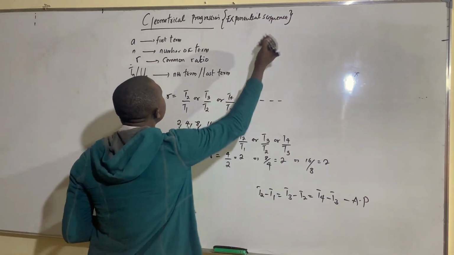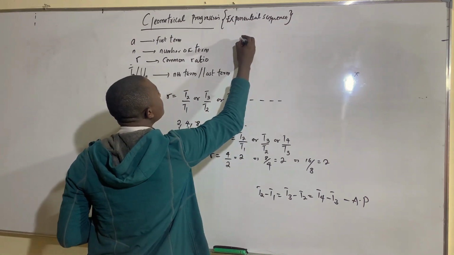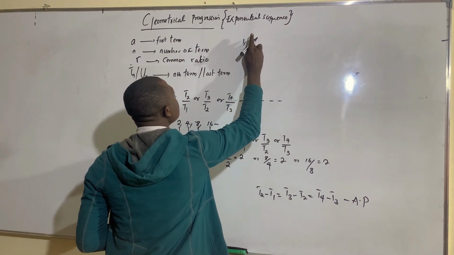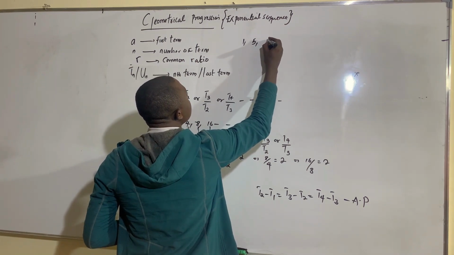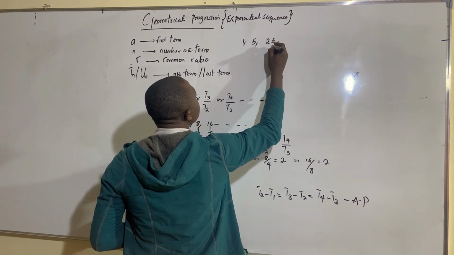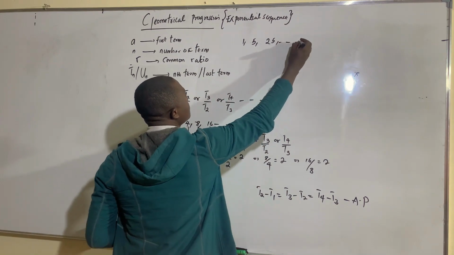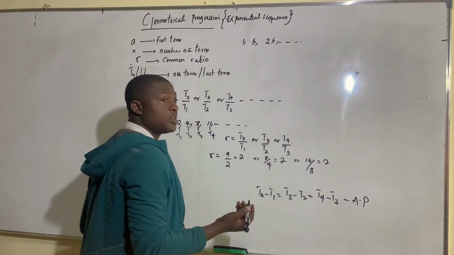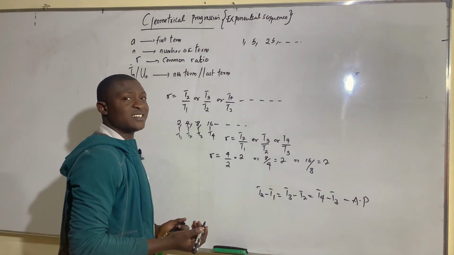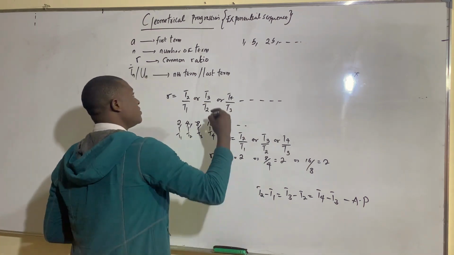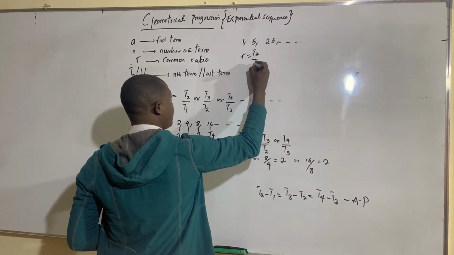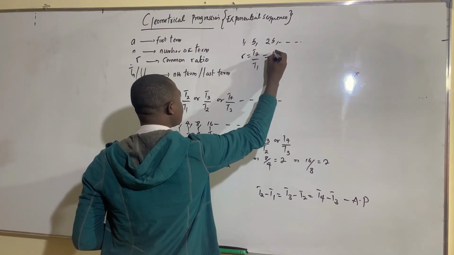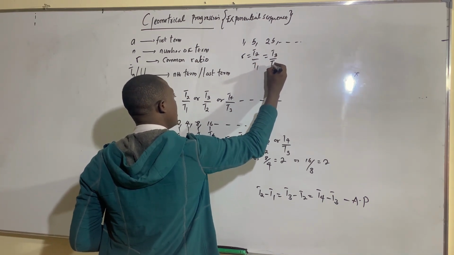Now, let's say we have 1, 5, 25. So let's say we have this GP. If I still want to find the common ratio here, we'll follow the same process. I can say the common ratio here is the second term over first term, or we can have third term over second term.